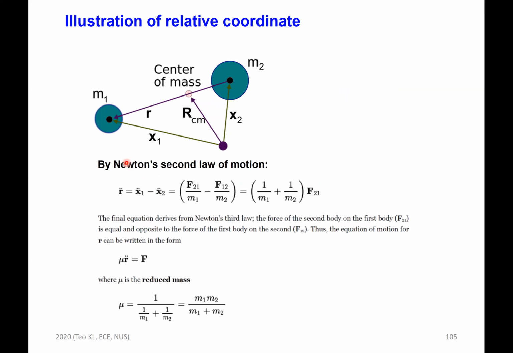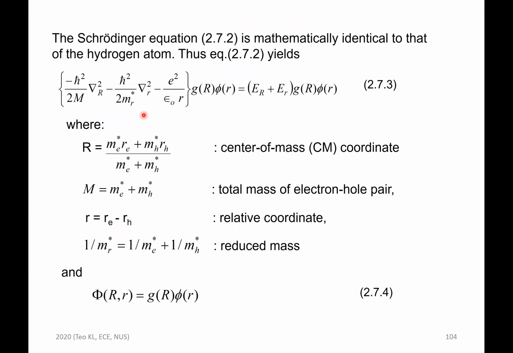The relative coordinate is basically this R. So if this is x1, x2, or we call it R1 or R2, then R1 minus R2 is the R, which is the relative coordinate. And for the relative coordinate, you have to use the reduced mass, which is defined in this way.